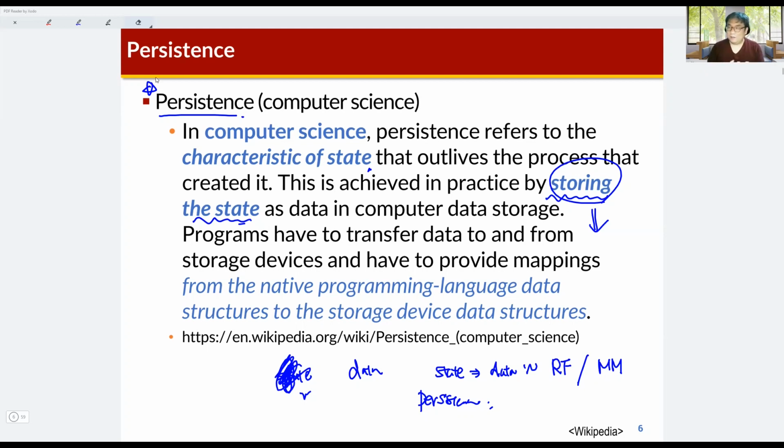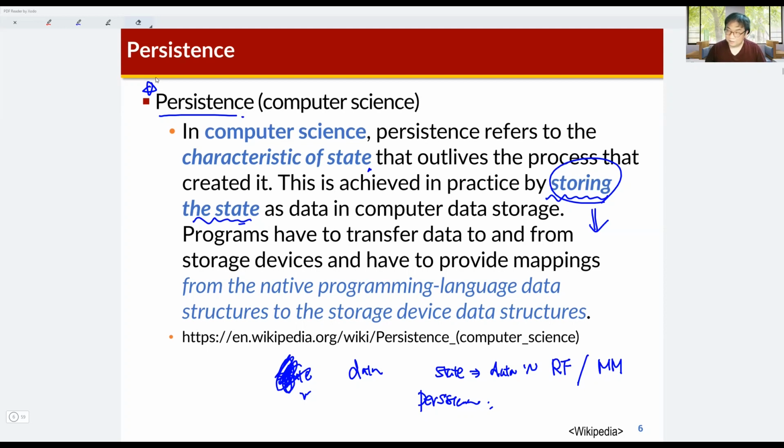slides, then if a power failure happens in our computer system, our work in progress, or some document, is removed from our computer system. So saving our document, saving our slides in the storage device means that we make this data persistent.